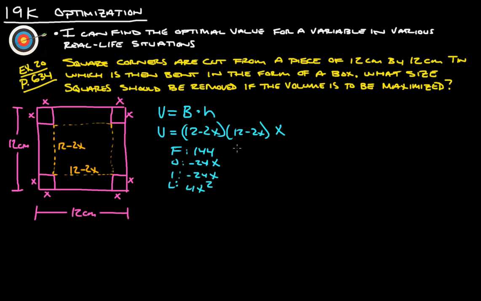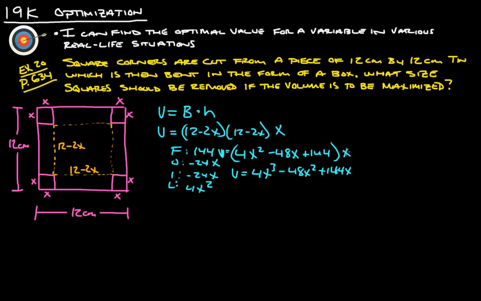Adding these all together, we get 4x squared minus 48x, because we add the two negative 24s together, plus 144. And this is volume equals, that's a V, sorry, and this is all being multiplied by x. So volume equals 4x cubed minus 48x squared plus 144x.